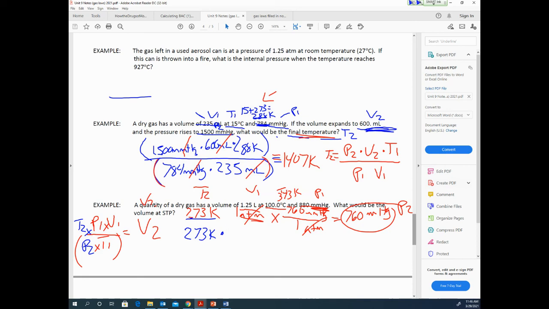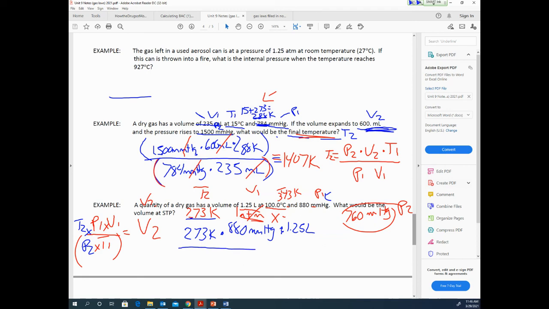The first pressure they gave me was this one, 880 mmHg, times V1, which the first volume they gave me was 1.25 liters.